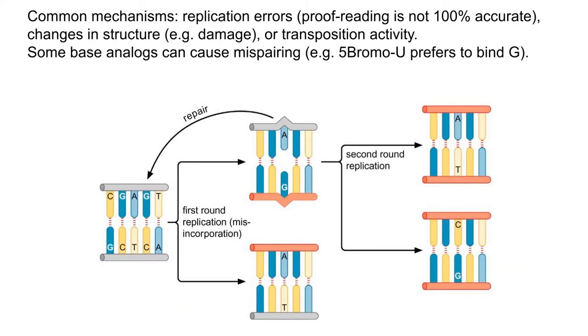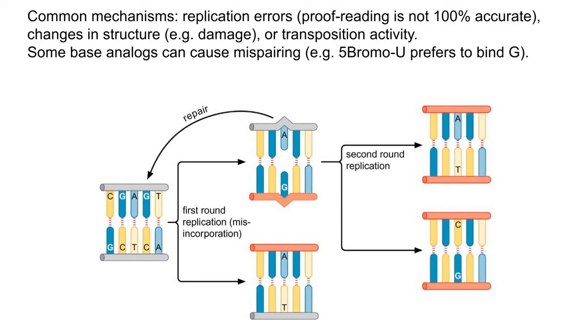A common mechanism for mutations is replication error. Although DNA polymerase proofreads, proofreading is not 100% accurate, so errors can still slip through, especially transitions, which can slip through the proofreading ability of the DNA polymerase. Another mechanism is changes in the structure of DNA, that means damage to DNA that could be due to UV radiation or other DNA damaging substances, or transposition activity, that means transposons can insert themselves in the DNA sequence where that sequence was not originally present, and that can lead to mutation as well.